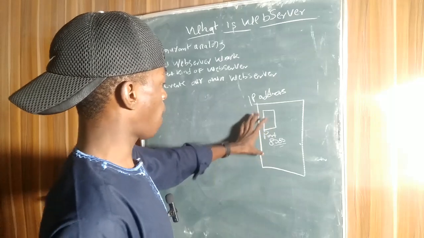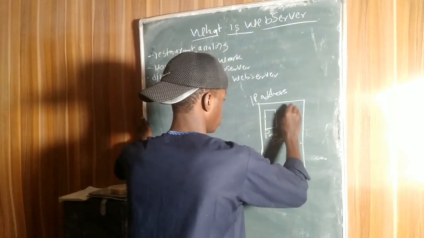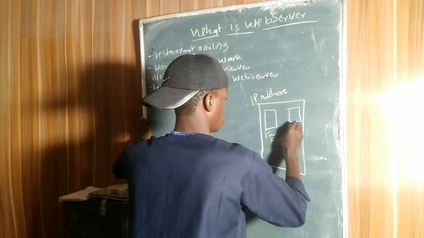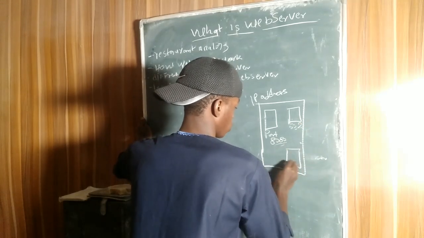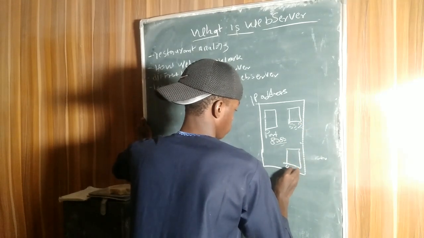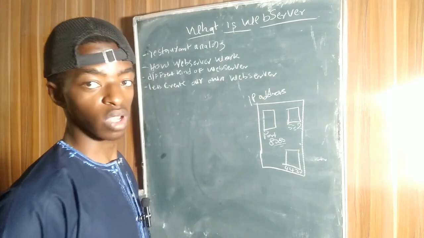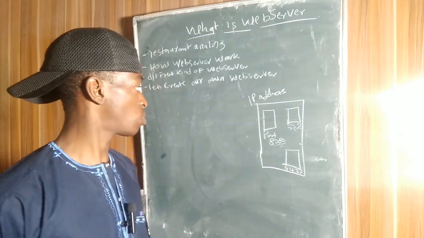You can have many software running on different ports inside your computer. Maybe one software is running on 532, and another is running on 0427. So you have different kinds of software listening for different requests from the outside world.